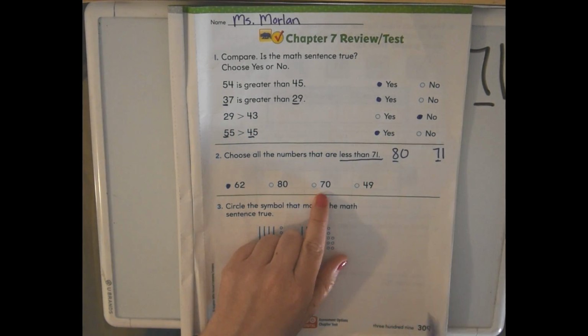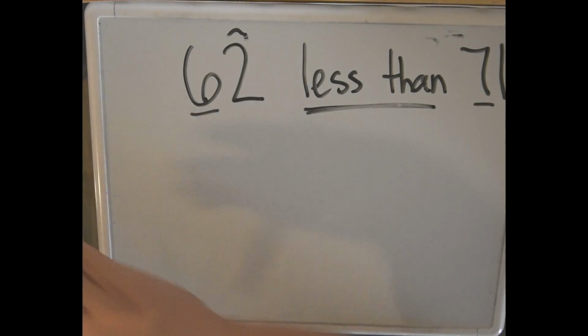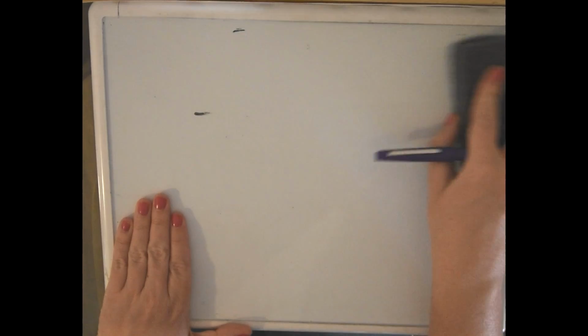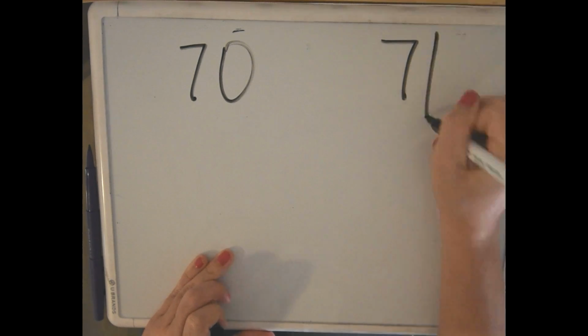Okay, how about 70? Is 70 less than 71? Let's look. That one is very close, right? Those two numbers are very close to each other. So I want to show that. So we have 70 and 71.